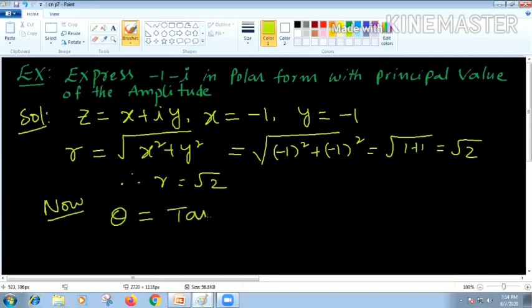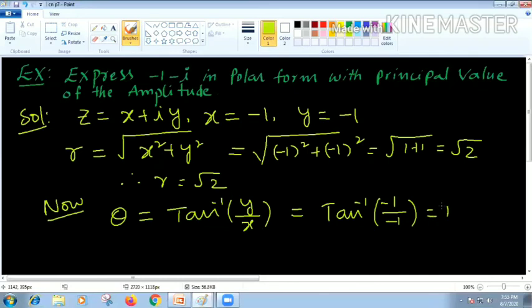Now let us find the amplitude theta. Theta will be tan inverse y by x. So here the y value is minus 1 and x value is also minus 1. So that is tan inverse 1. So theta is equal to tan inverse 1.